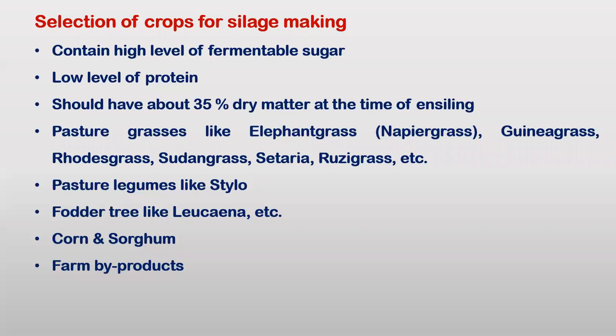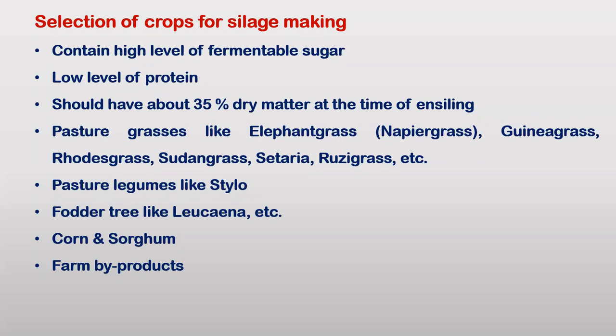We should remember the dry matter content of the fodder crop for silage making. Pasture grasses we can also use for silage making as a mixture, like elephant grass, commonly known as Napier grass, Guinea grass, Sudan grass, and other grasses. Pasture legumes we can also take in a small amount, not as a whole. We can mix them with other plant material.